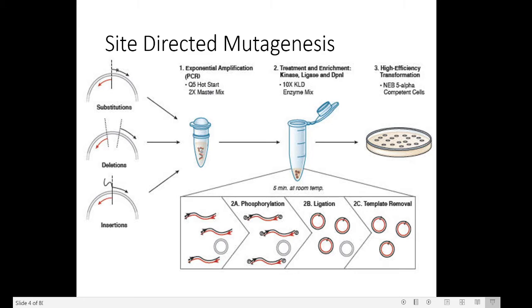After the ligation, that template is developed for full genomic DNA formation. These four steps happen in the second step after the amplification of site-directed mutagenesis DNA.